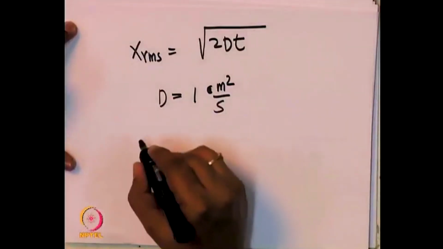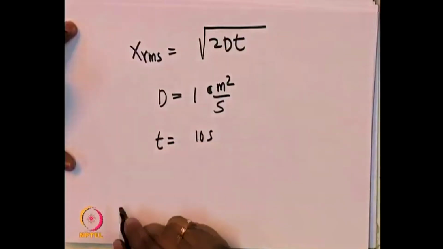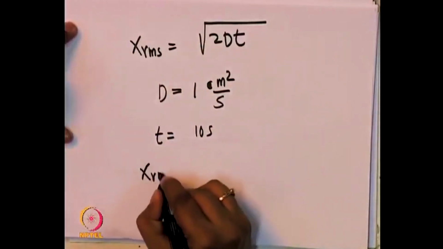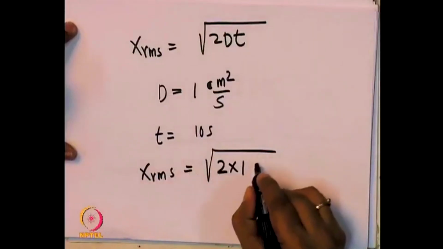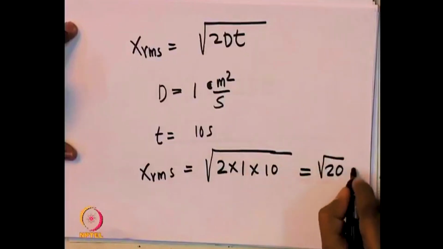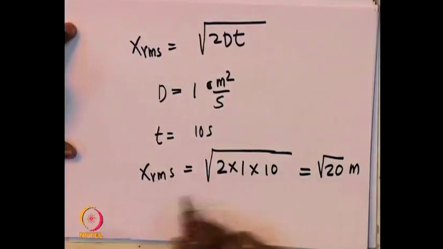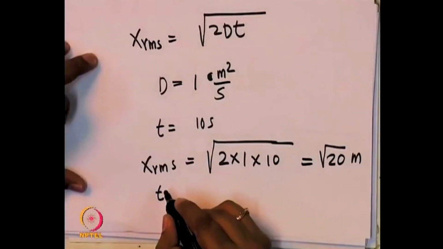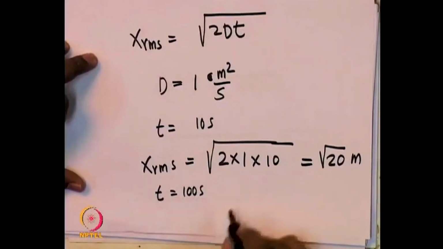Now, the question is, when t is equal to 10 seconds, how far would this have diffused? x RMS is equal to root of 2 into d, which is 1, into 10. So, this will diffuse a distance of root 20 meters. Now, after 100 seconds, when t is equal to 100 seconds, how much will this have diffused?